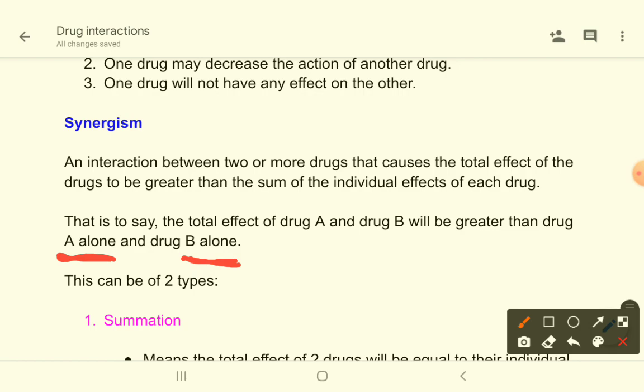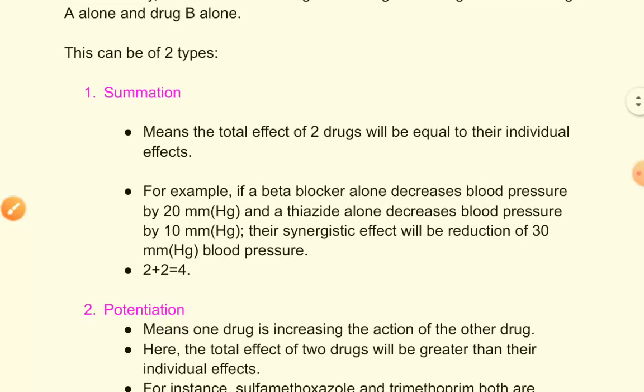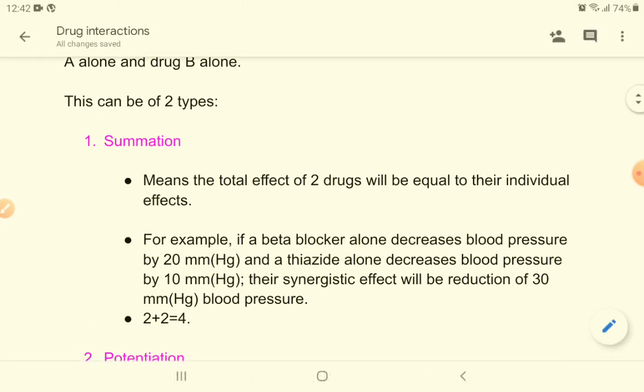But when you are giving these two drugs simultaneously, their total effect will be greater than drug B alone and drug A alone. This is synergism. Now synergism is divided into two types. One is summation and the other is potentiation.